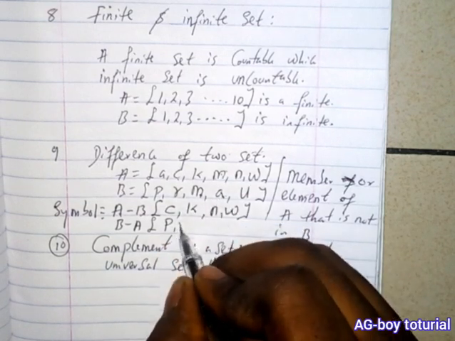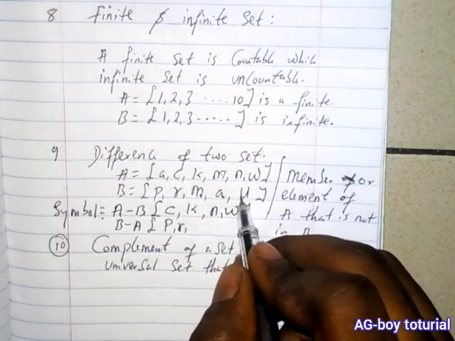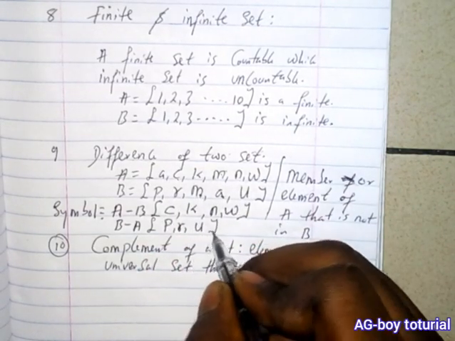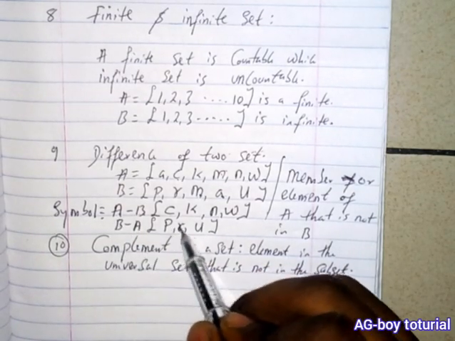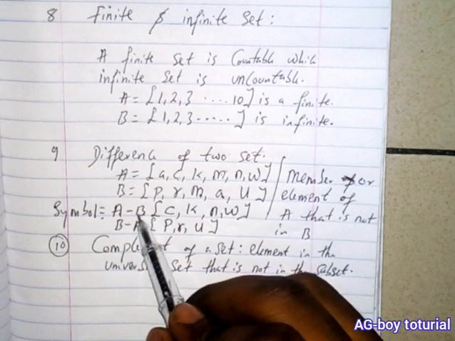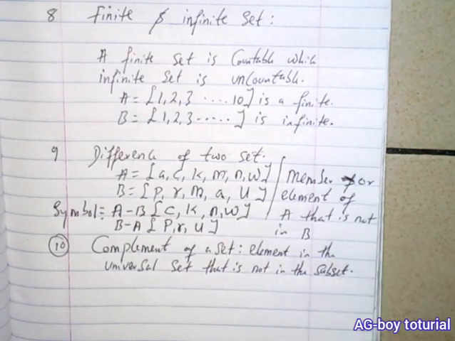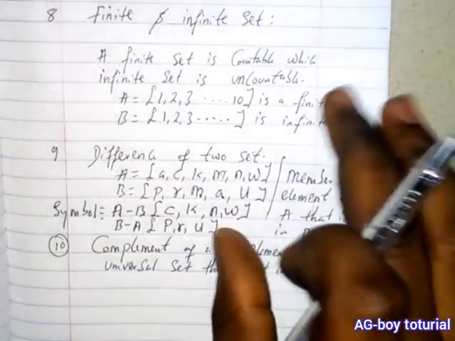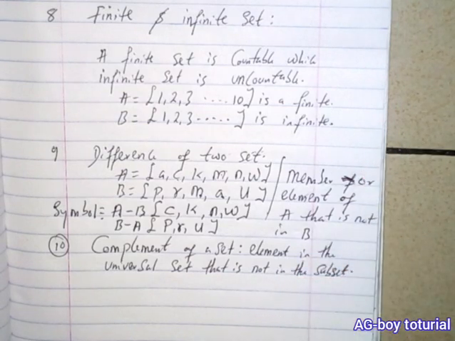It's going to be arrow. There's M here, there's A here, there's U and there's no U here. So it's going to be P, arrow, U. So the difference between B and A is P, arrow, U, and the difference between A and B is C, K, N, W. Understand? So that's the difference between two subsets. But for complement of sets, it's normally done between the universal and the subset.